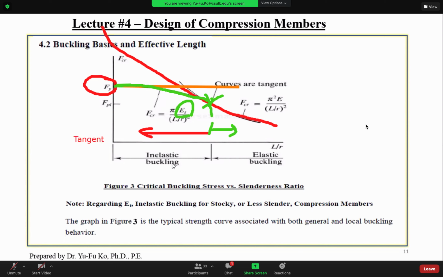Usually inelastic buckling will happen for stocky or less slender compression members, and elastic buckling typically happens for slender or very tall and long members. That will be the difference between the two. Any questions or discussion about these slides?